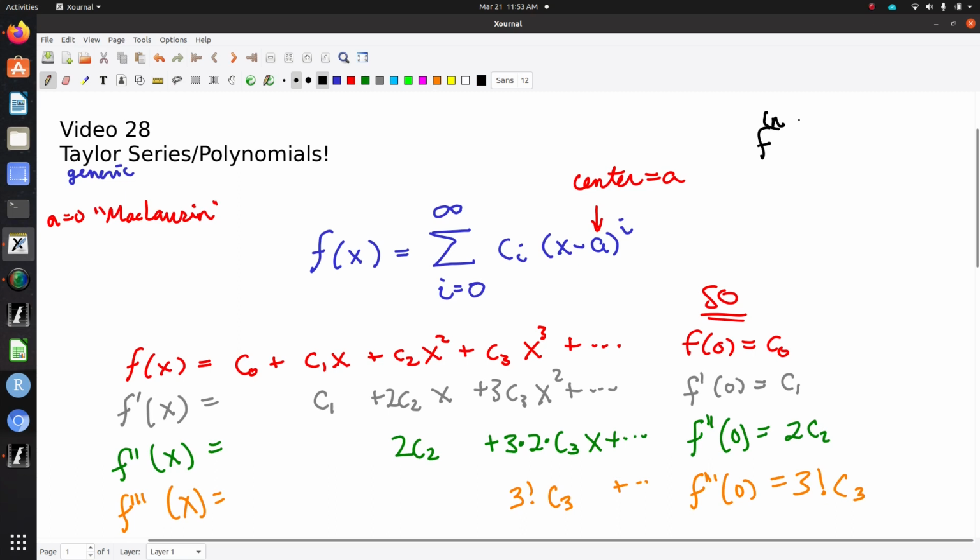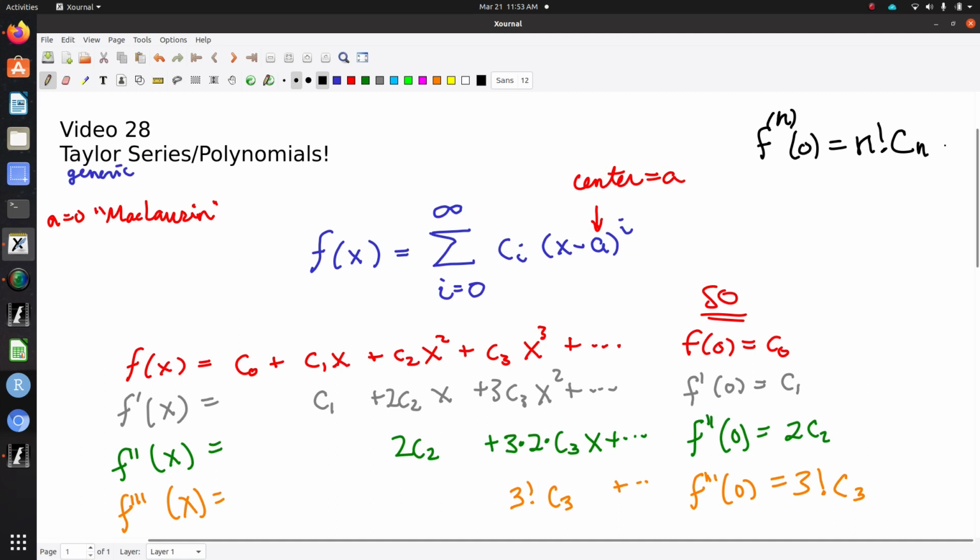Sometimes people put the n in parentheses to emphasize that this is telling how many derivatives, not raising to a power. Sometimes it's in parentheses, sometimes it's just a script n. That nth derivative at 0 for Maclaurin is n factorial times that coefficient right there.